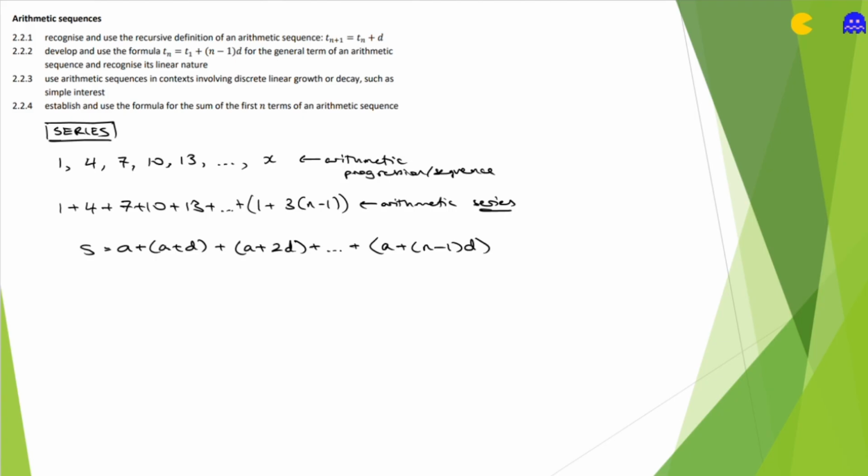And we can write this as the sum of n terms. We can equally write this in the reverse order, so a plus n minus 1 d plus a plus n minus 2 d plus so on and so forth, till eventually we reach a plus d plus a.